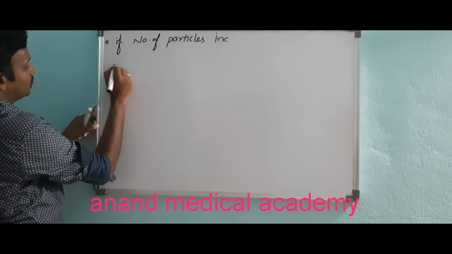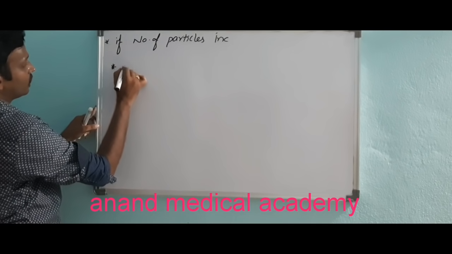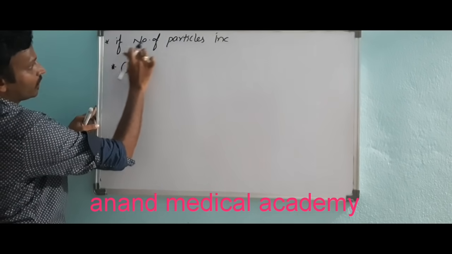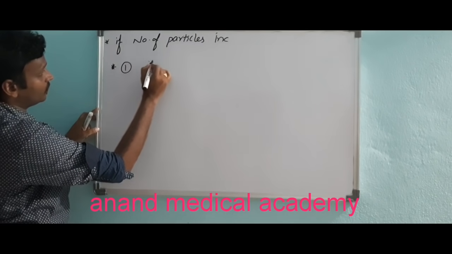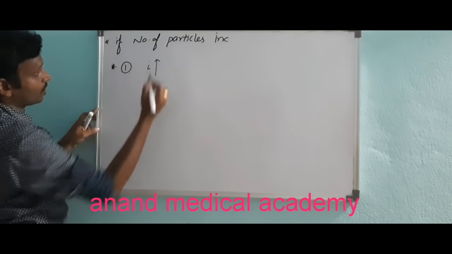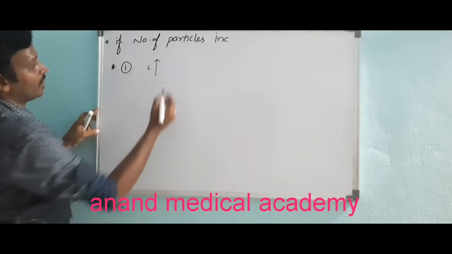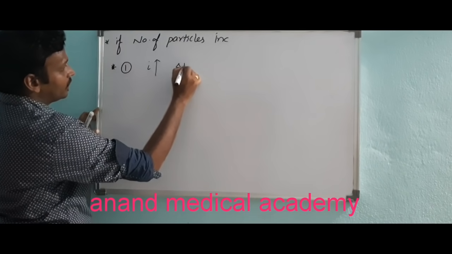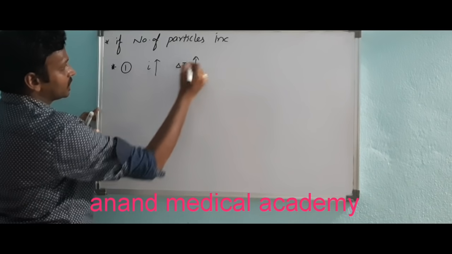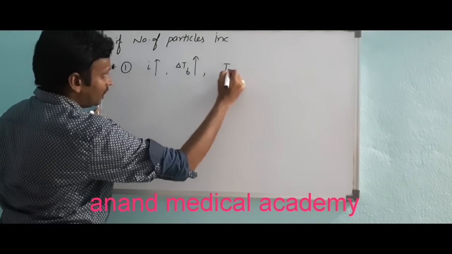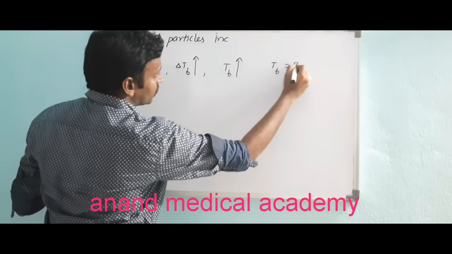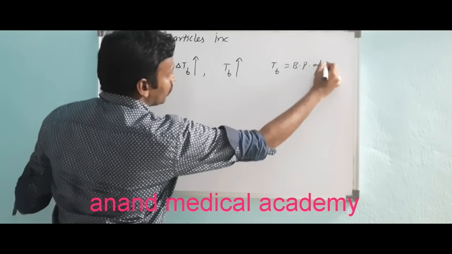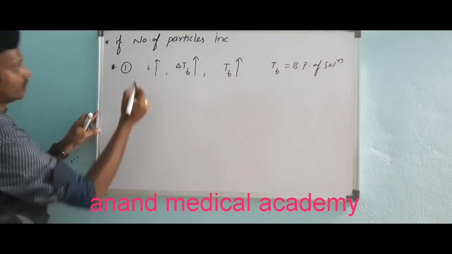Then one by one: number one, if number of particles increases, then i value increases, then delta Tb value increases, then Tb value also increases, where Tb is the boiling point of solution. This is very clear.